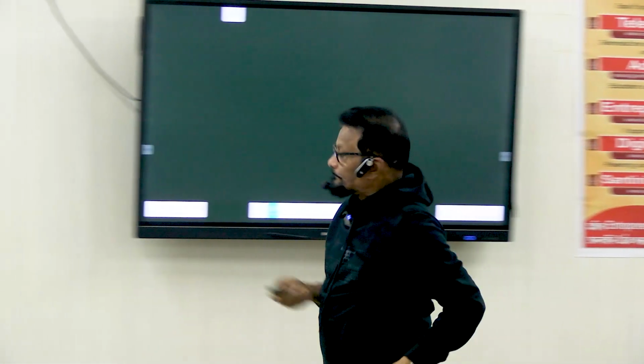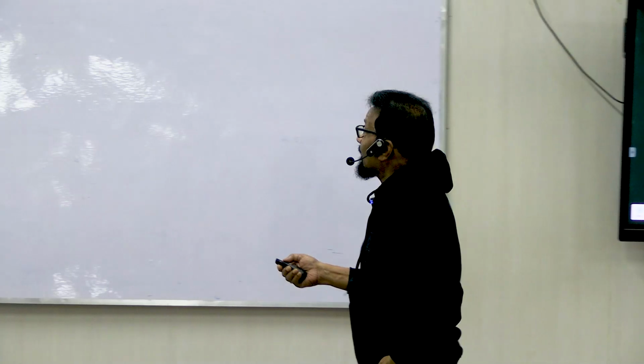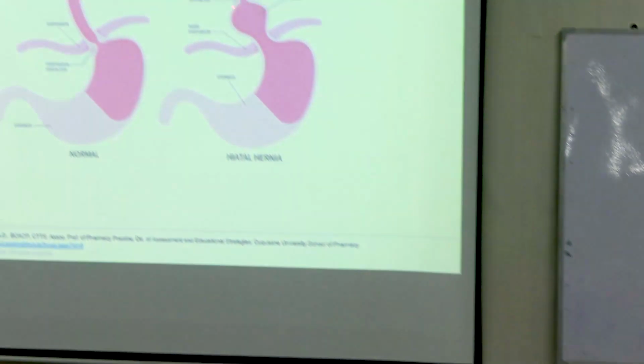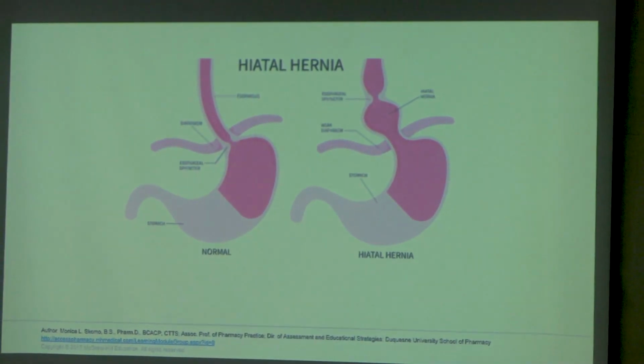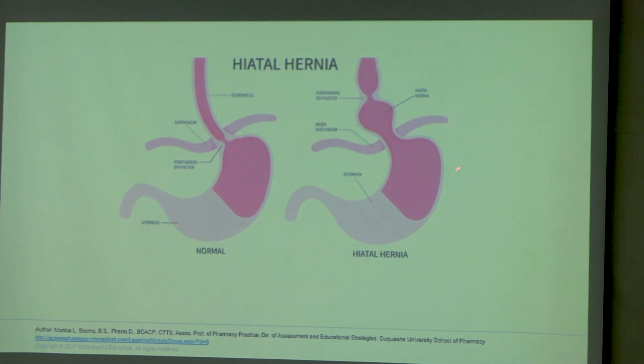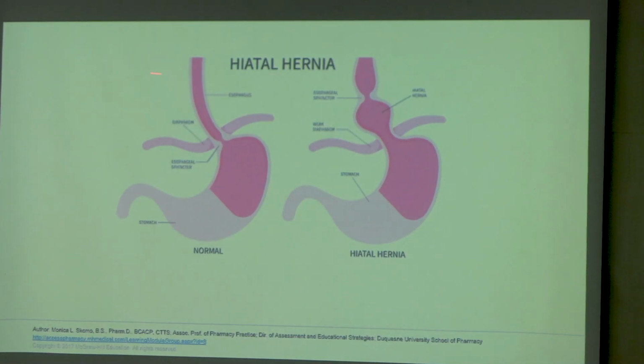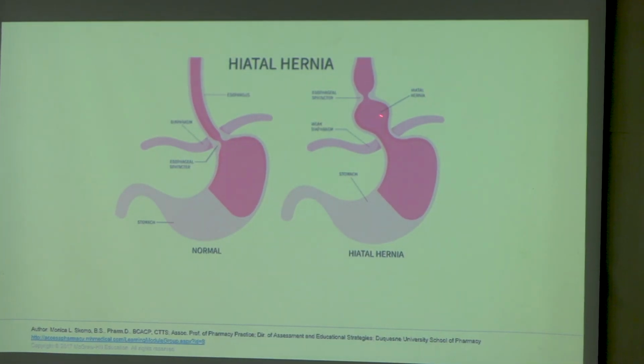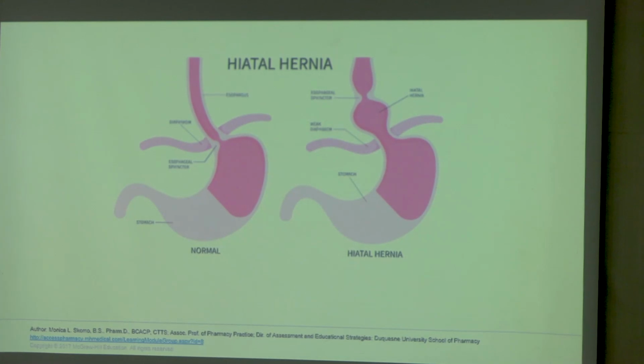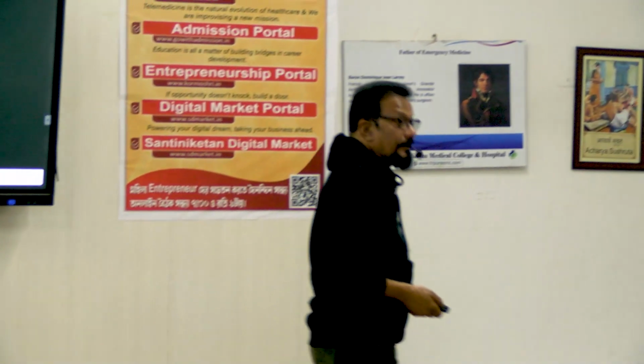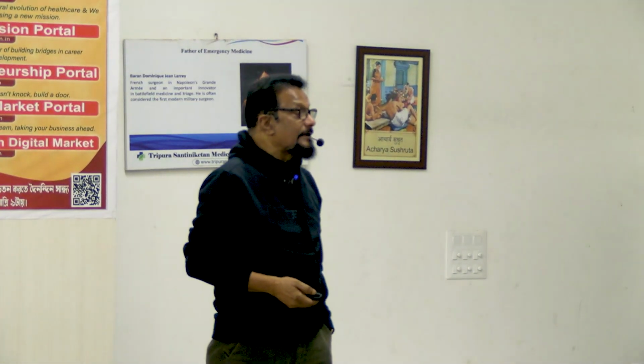See the picture. This sphincter should have been here. Since part of the stomach has gone up, it forms a herniation. This is called hiatal hernia. So this is another important factor of GERD. It is another important factor of gastritis, and another important factor of peptic ulcer.